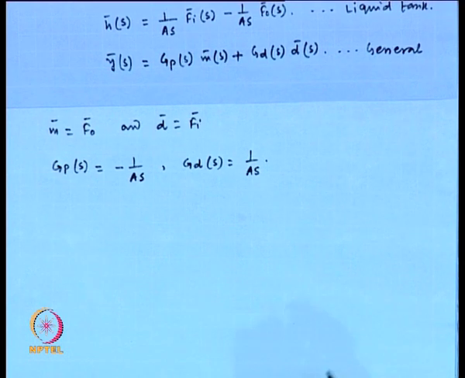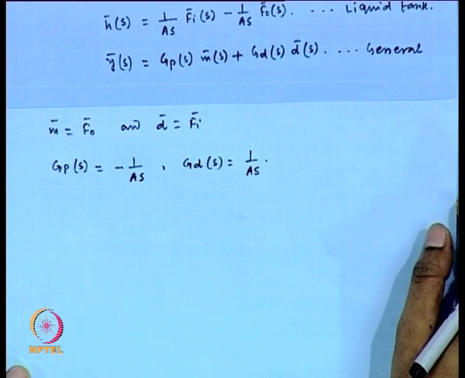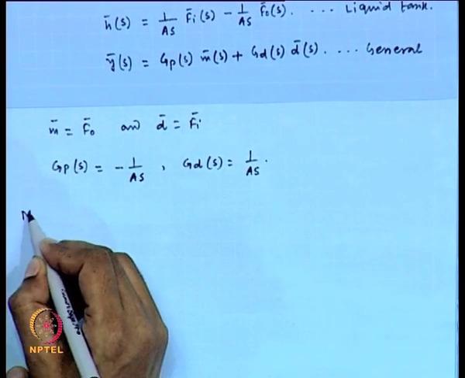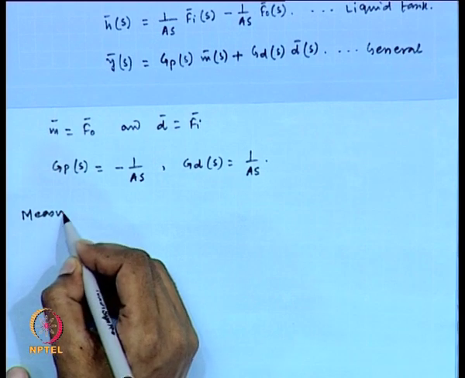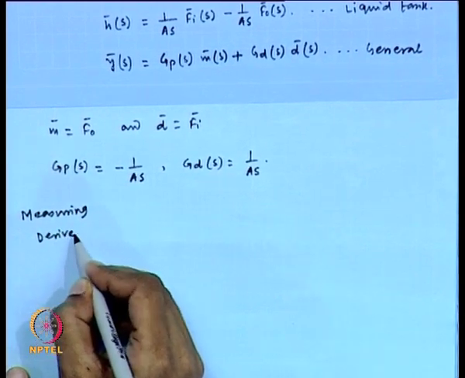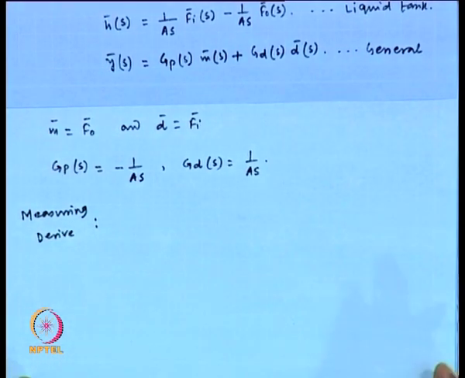Fine. So, these two transfer functions we obtain. Now, what about the next element? I mean, what is the next element? The next element is the measuring device. So, we will consider the measuring device for finding the transfer function.